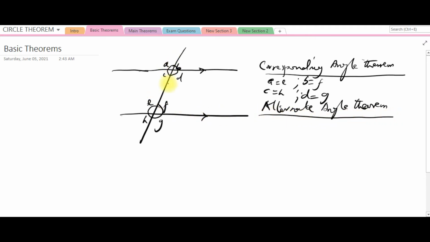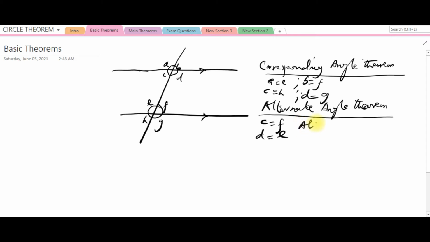So alternate angle theorem states that if you are given two parallel lines with a transversal, look at this, at different sides of the transversal, C must be equal to F. So C must be equal to F. And D must be equal to E. So these ones are the alternate interior angle theorem.